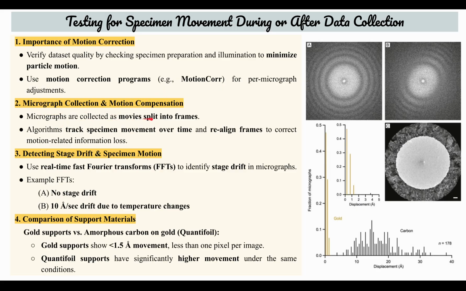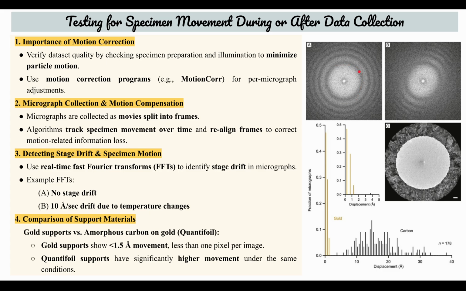Micrographs are collected as movies split into frames, and algorithms track that specimen movement over time. The specimen here, for example, is a protein, and a protein can move in different orientations. MotionCor makes sure of how the specimen is moving in each frame, so it realigns each frame to correct the motion-related information loss.